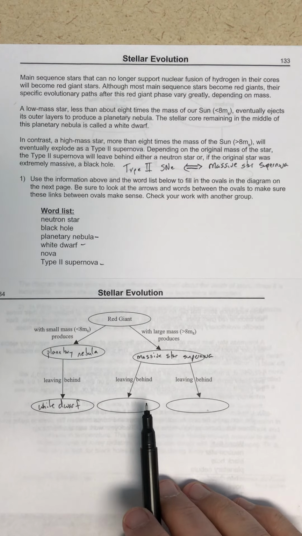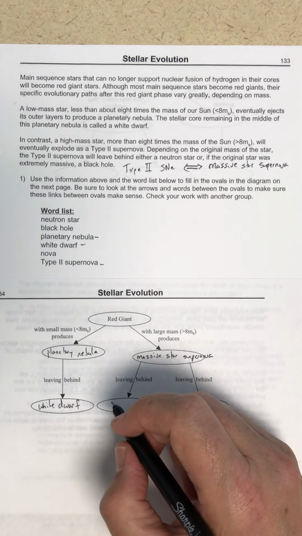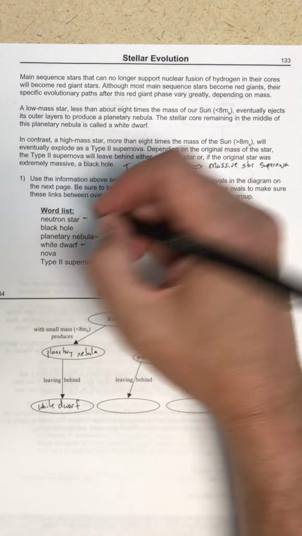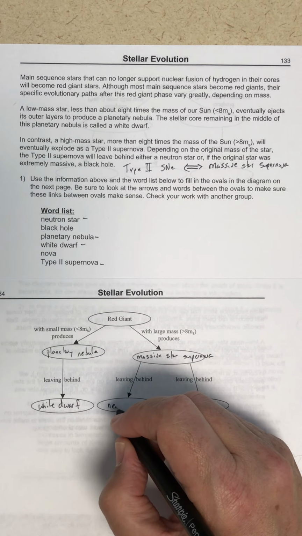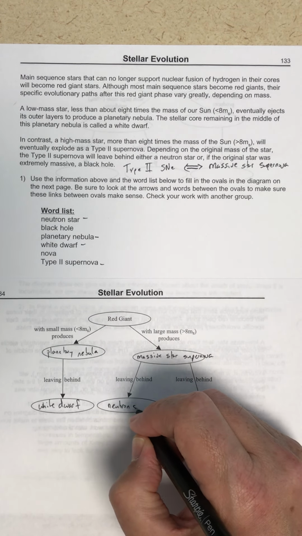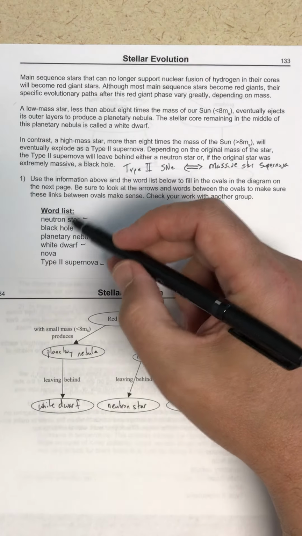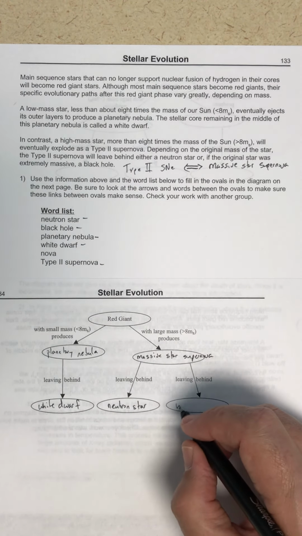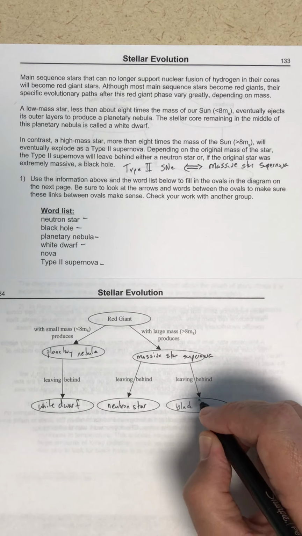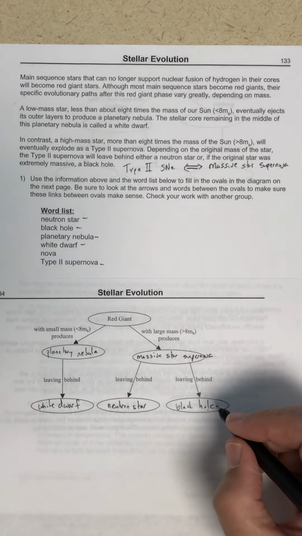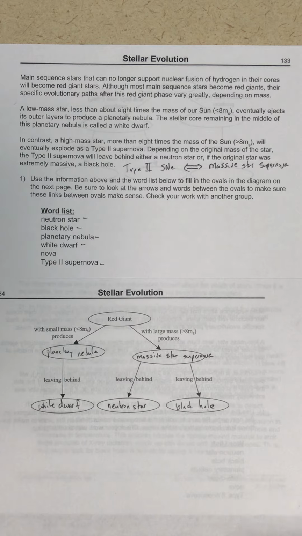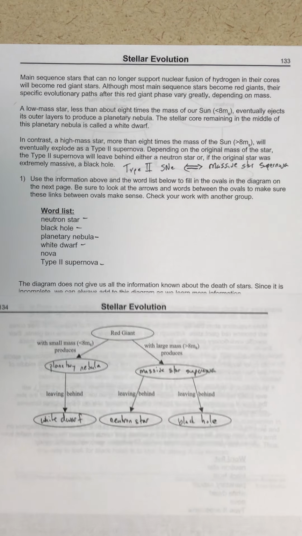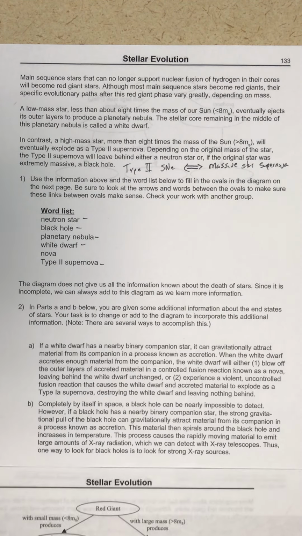And that could leave behind either a neutron star or a black hole, if the star was massive enough. Or there are some other situations, not necessarily just mass.